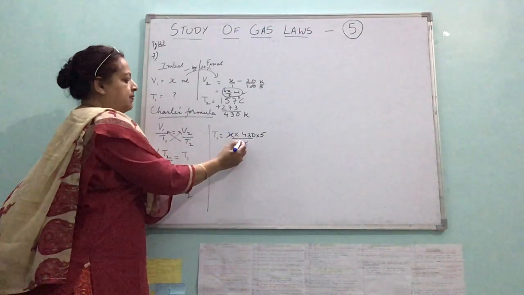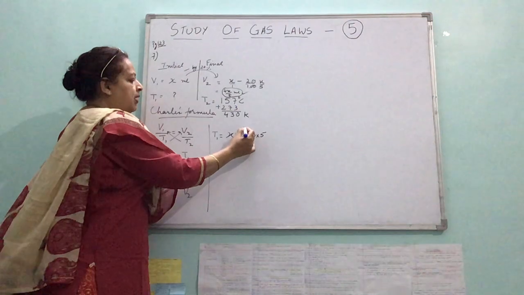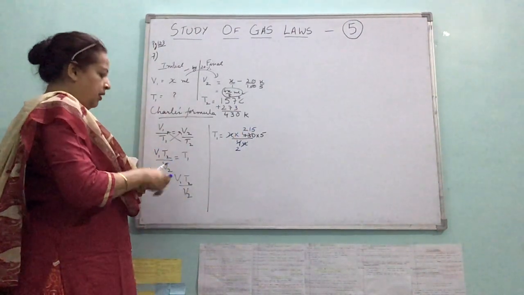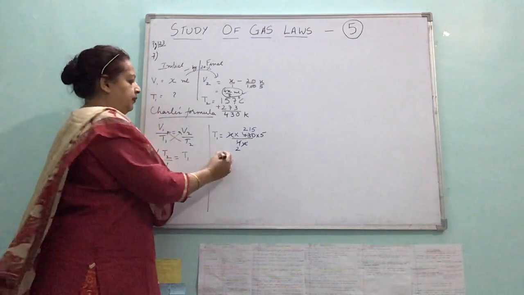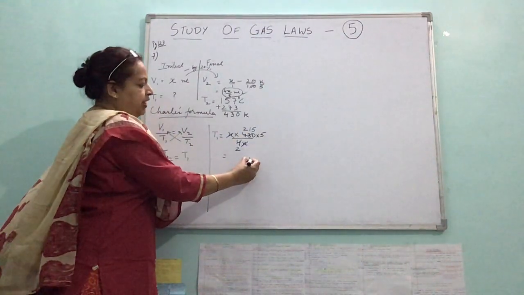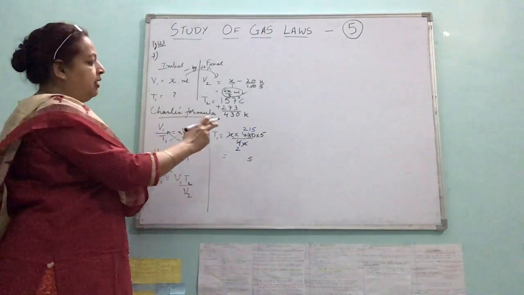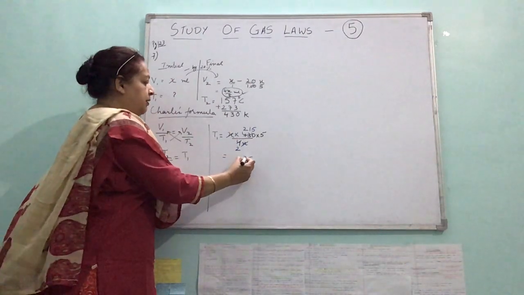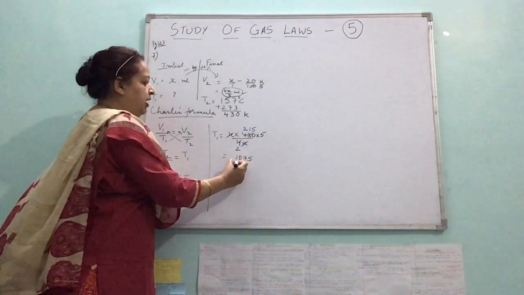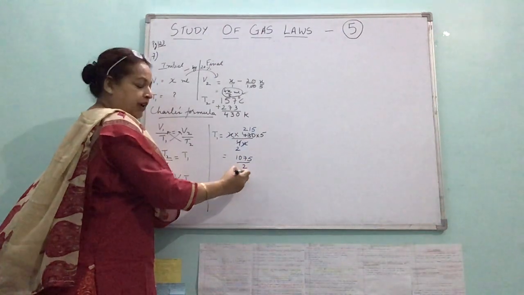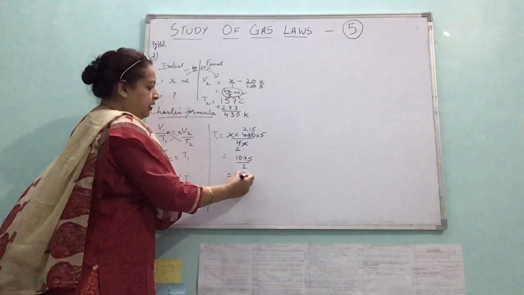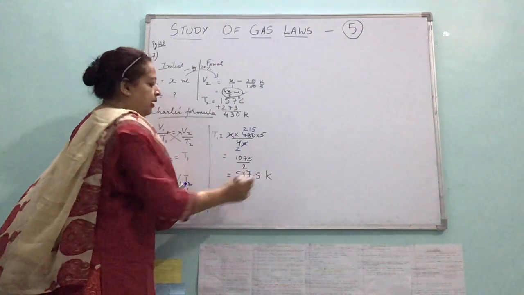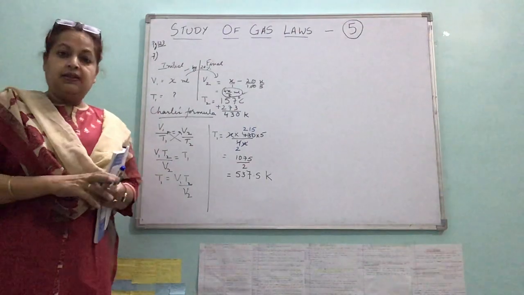X cancels off. 430 divided by 2 is 215, 215 times 5, that is 1075, divided by 4, so 537.5 Kelvin. Always express your answer in degree centigrade.